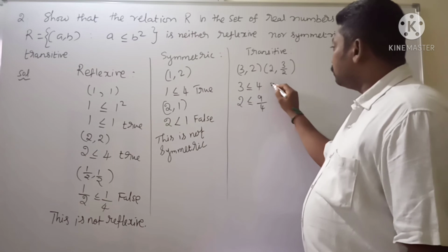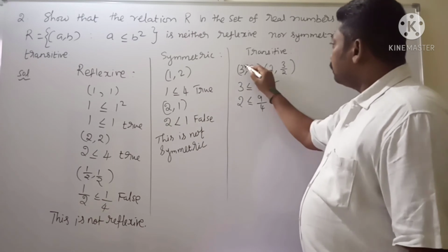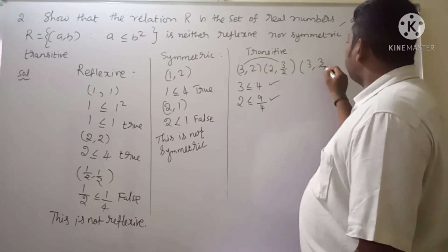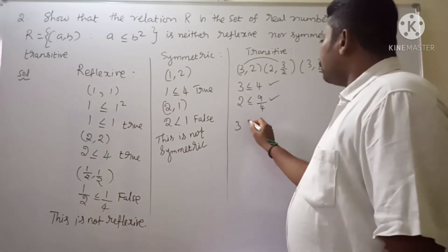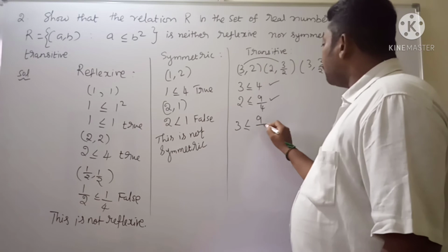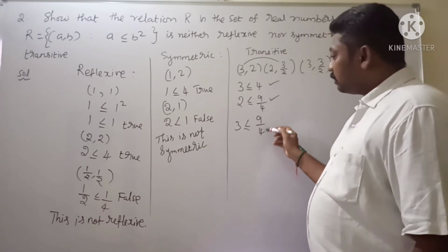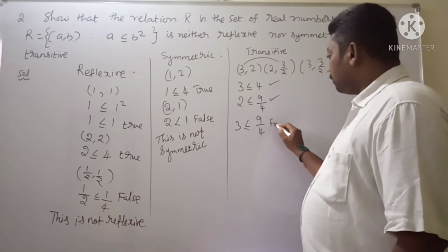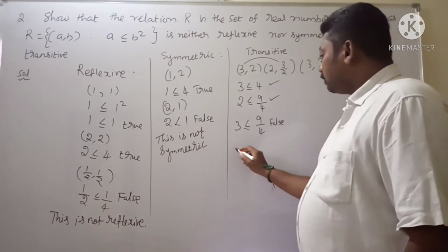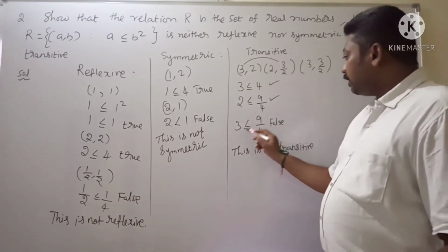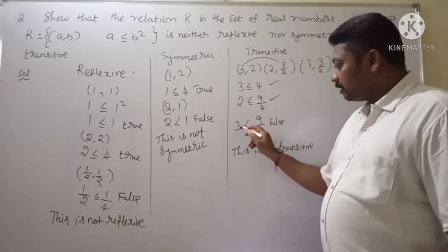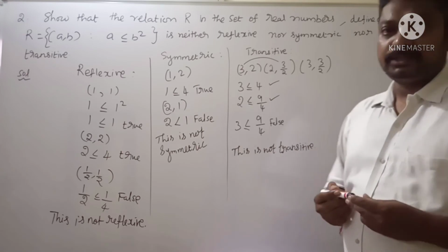Now we check (3, 3/2). 3 ≤ 9/4? 9/4 is 2 point something, but this is 3. So this is false. So this is not transitive.